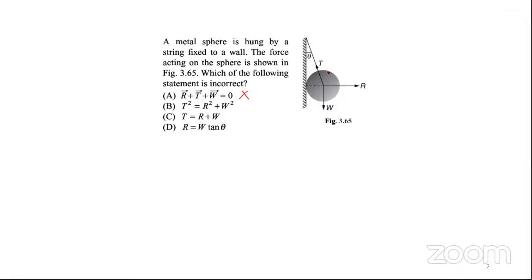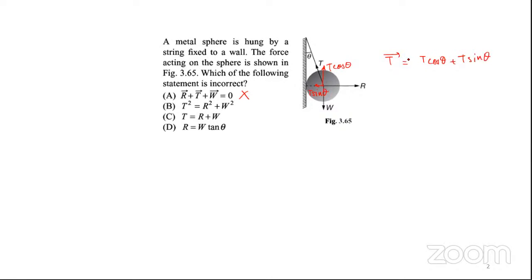Now, if we split the vectors, this becomes t cos theta and this becomes t sine theta. All right. So we have t vector equal to t cos theta plus t sine theta.